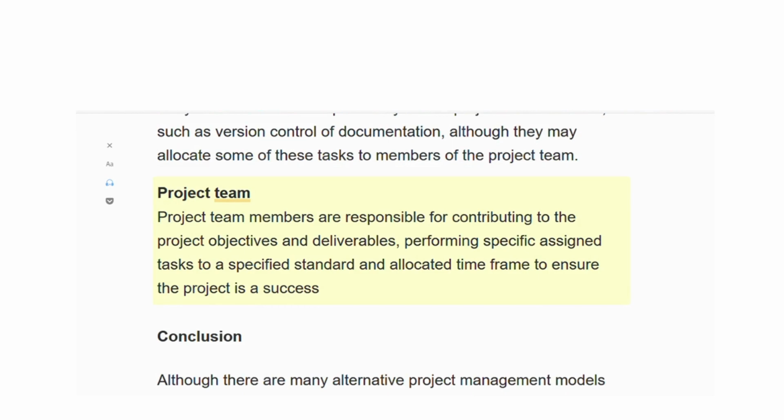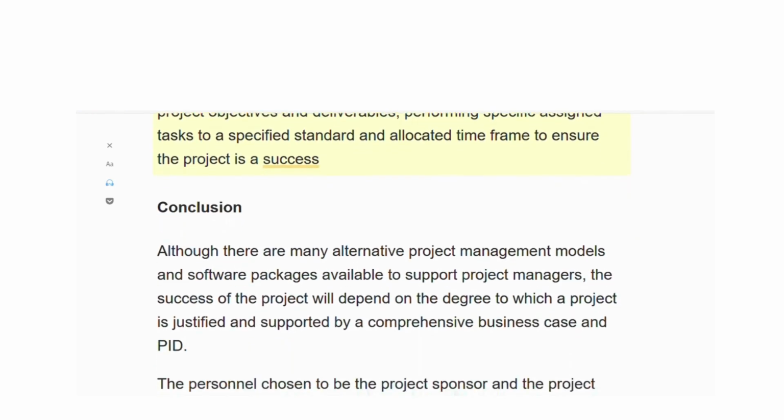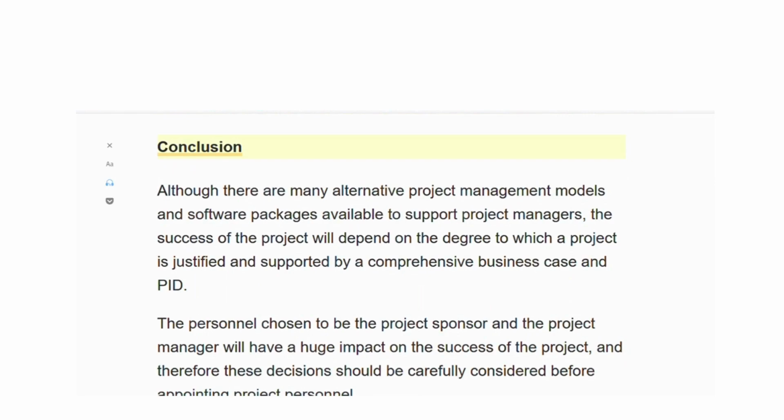Project team. Project team members are responsible for contributing to the project objectives and deliverables, performing specific assigned tasks to a specified standard and allocated time frame to ensure the project is a success. Conclusion.